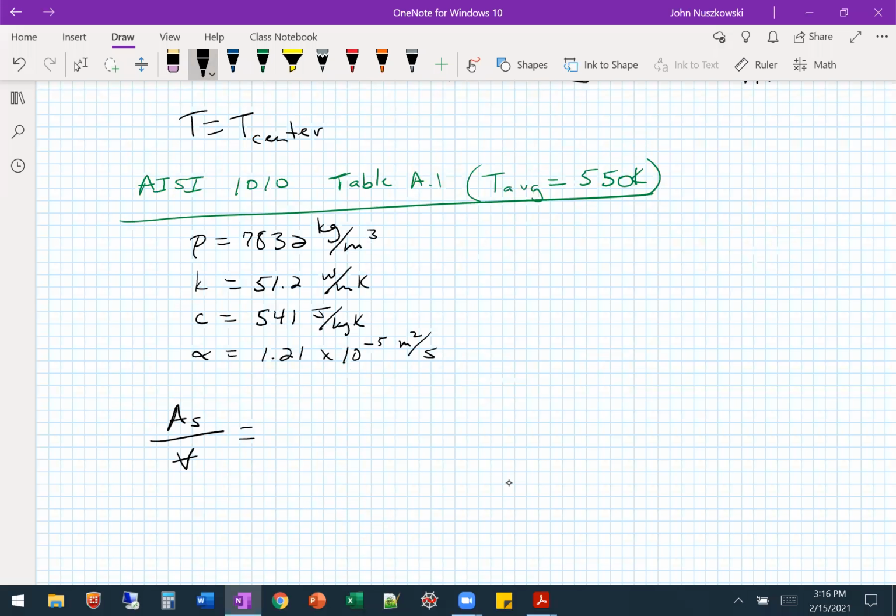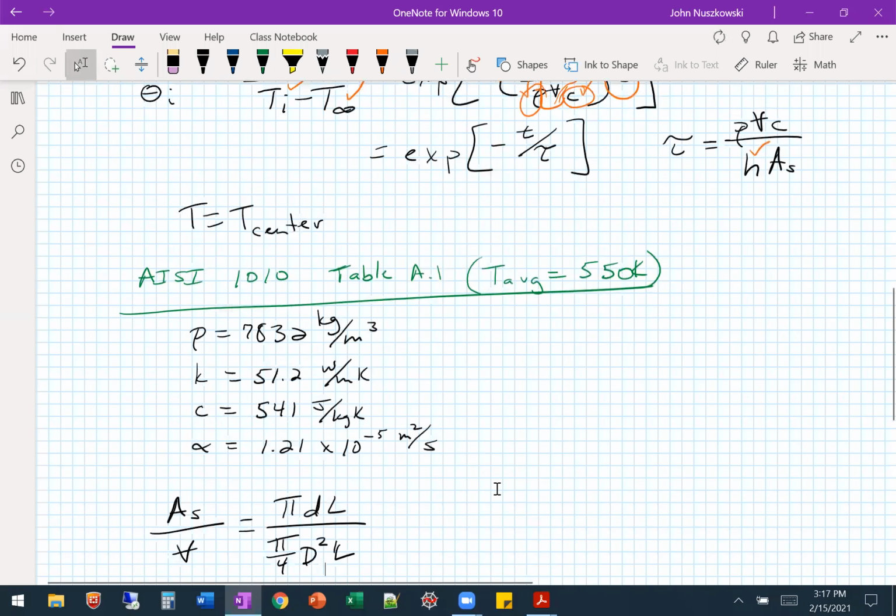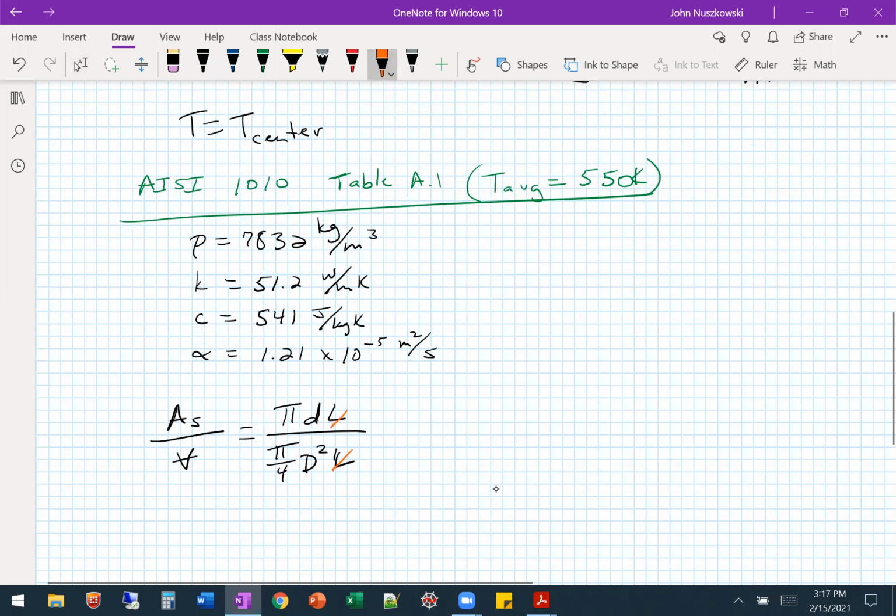And this is a cylinder. So surface area, we have pi D L. Volume, we have pi over 4 D squared L. So if we look at that, we see this is 4 divided by diameter, which is the same as 2 divided by radius.